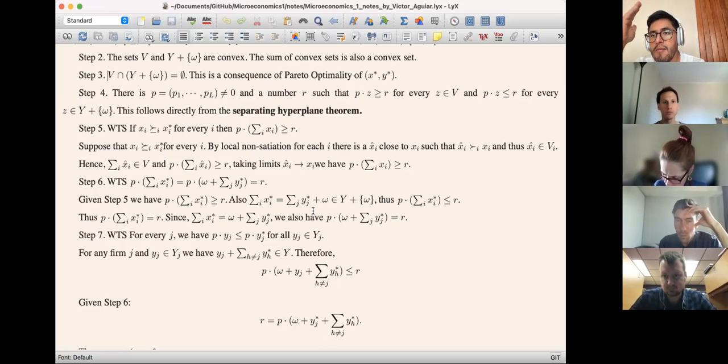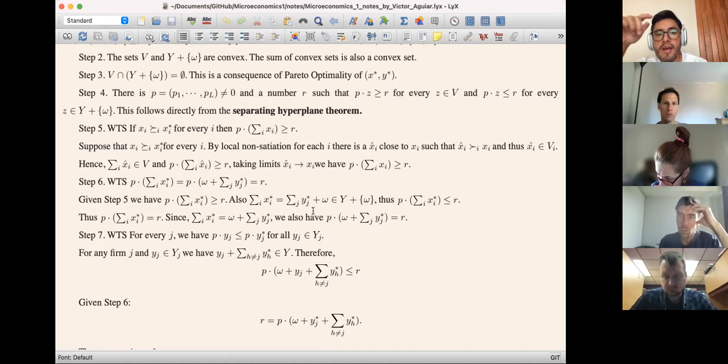And thus, by definition of the Vi sets, x hat belongs to that set, okay? Now, if I take the summation of the xi hats, they also belong to the capital V set. And then if I multiply them by prices, since they belong to the V set by the previous steps, we know it has to be above R.